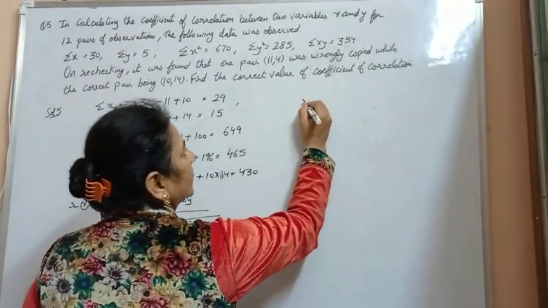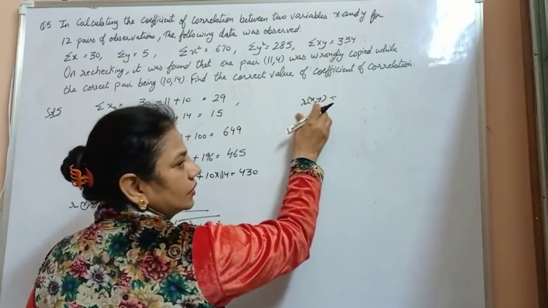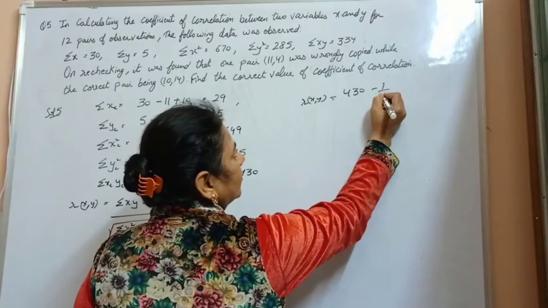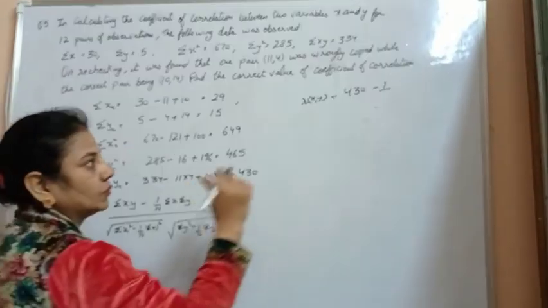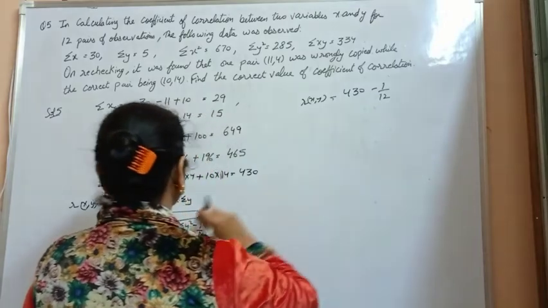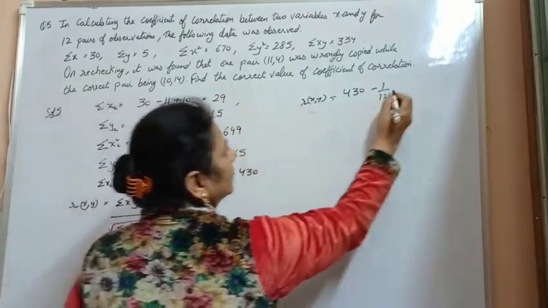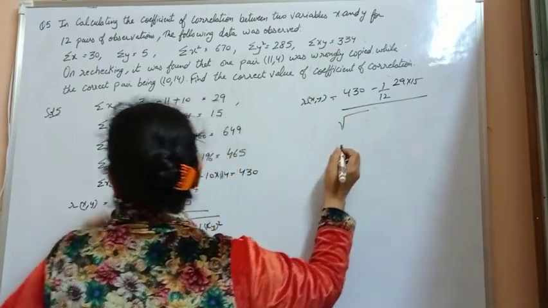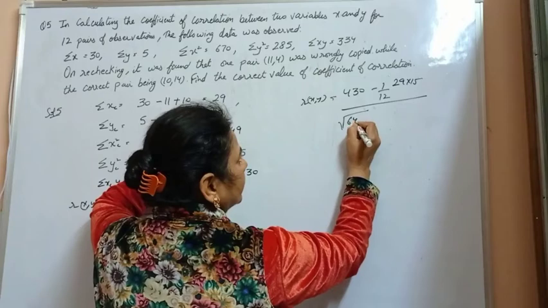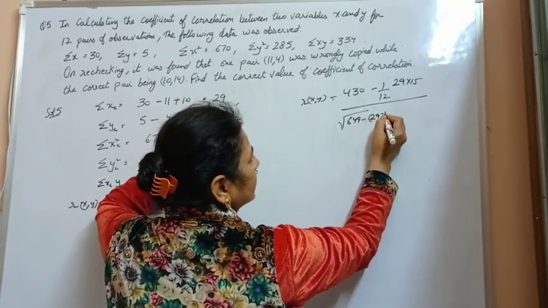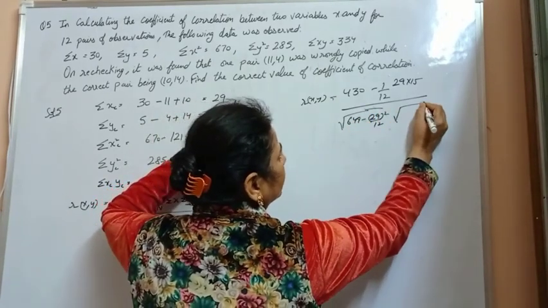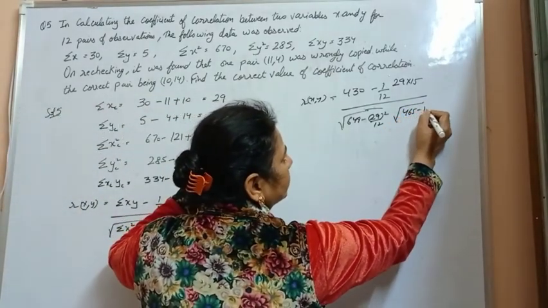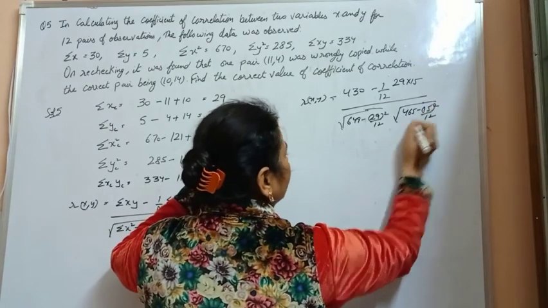So we get Rxy, the coefficient of correlation, as sigma xy, which is 430, minus 1 upon n, since there are 12 observations, so n is 12, into sigma x, that means 29 into 15, divided by under root of sigma x square 649 minus 29 square upon 12, into sigma y square 465 minus 15 square upon 12.